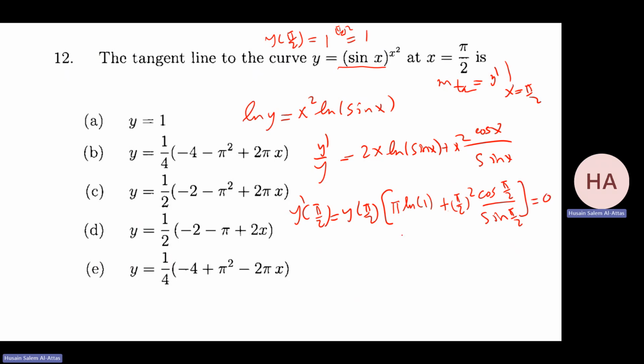So all of this is 0. So the equation will be y minus 1 equals 0 times x minus pi over 2. In other words, y equals 1.